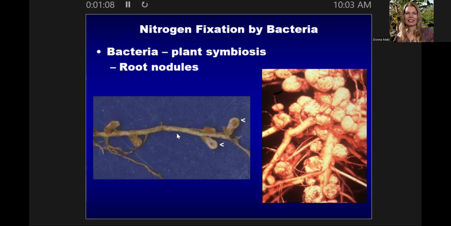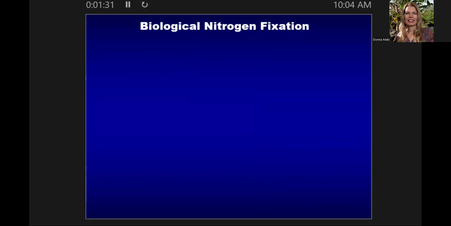So if you were to slice that open, it's lots and lots of plant tissue, but then there's lots of microbes in there too, these bacteria. And so the idea here is that the bacteria, they get a nice home, they're sheltered, and then they're capable of fixing nitrogen for the plant and giving some of that usable nitrogen back to the plant.